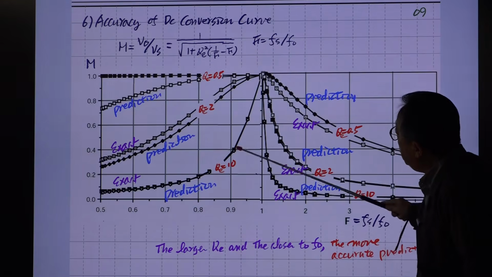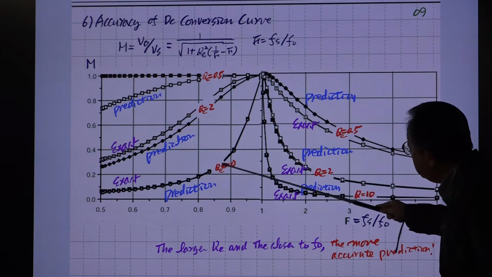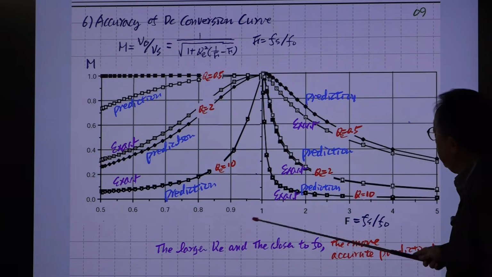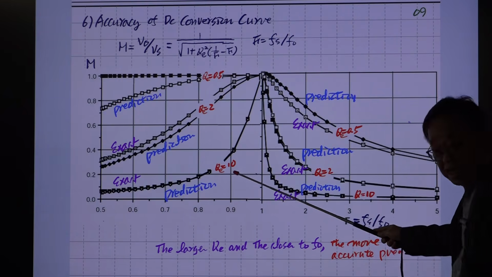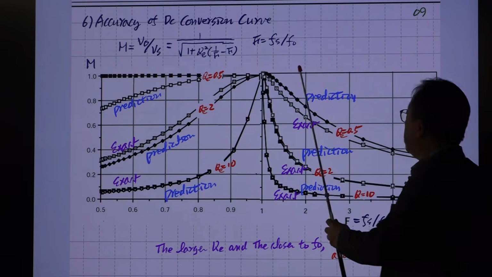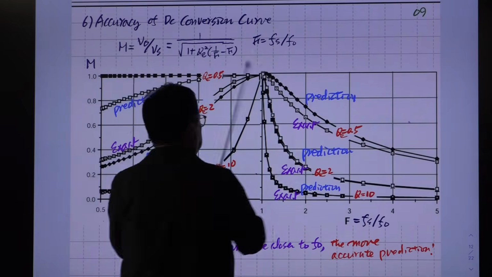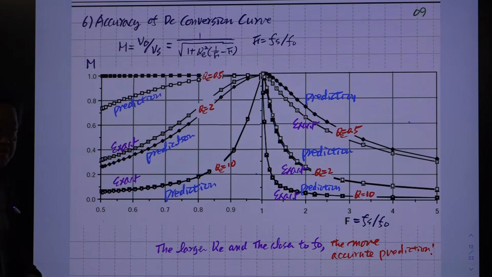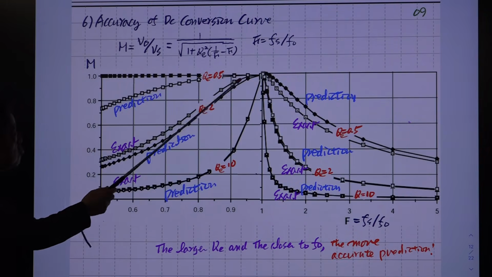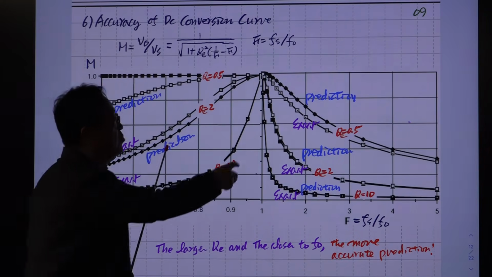So we have a very close match around this area. As I said, the larger the Q and the closer the switching frequency to the resonant frequency, the more excellent the prediction becomes. But for this case, Q is reduced to 0.5, and then you see some deviation.